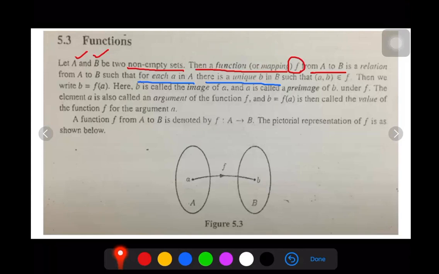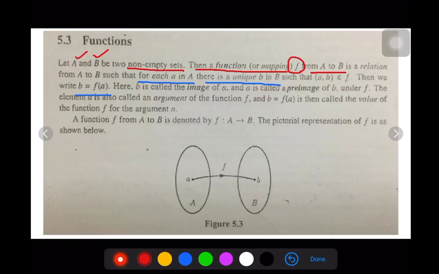There should be only a unique pair. a should connect to a unique b, such that when I write both as an ordered pair, the ordered pair (a, b) belongs to F. This is an element of function F. Then we write this representation as b equals F of a. Here b is called the image of a and a is called the pre-image of b.